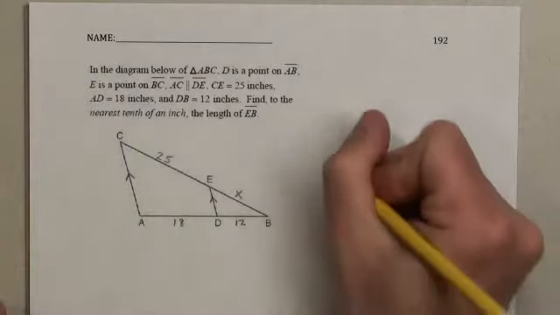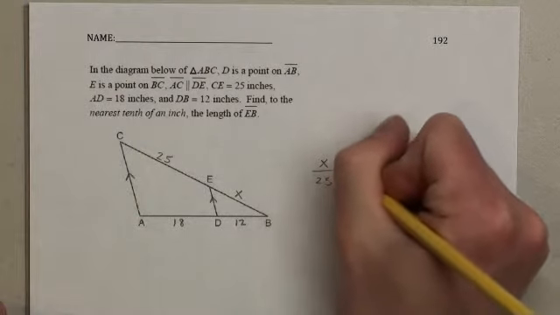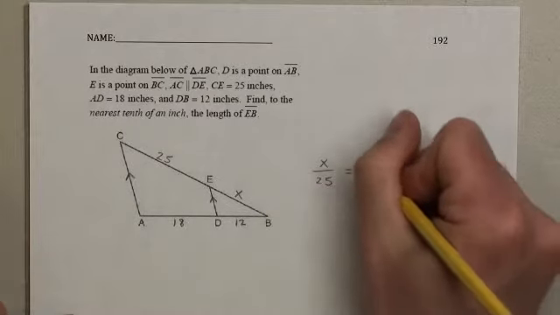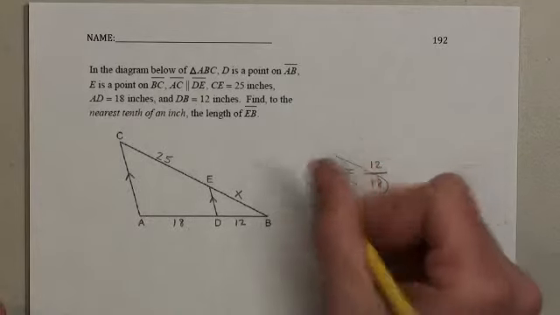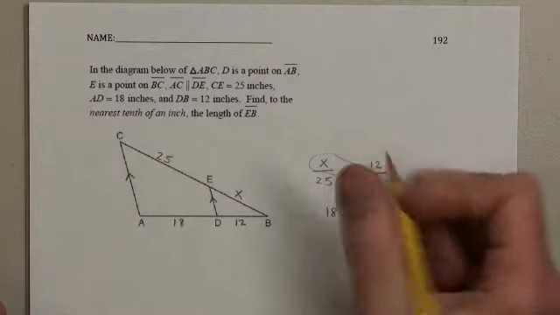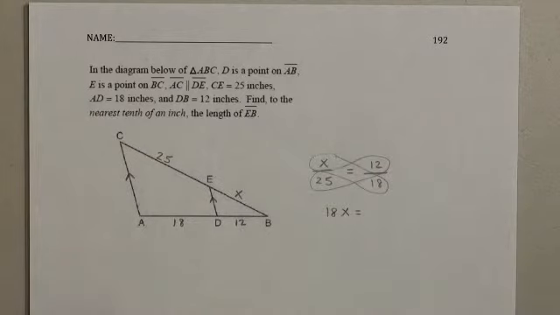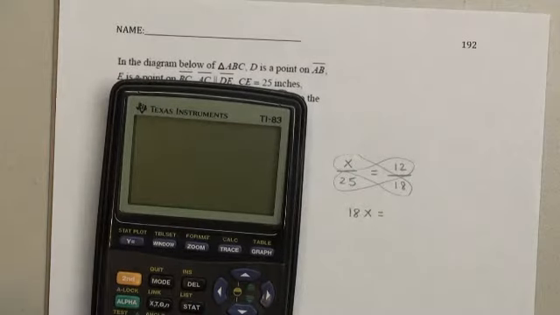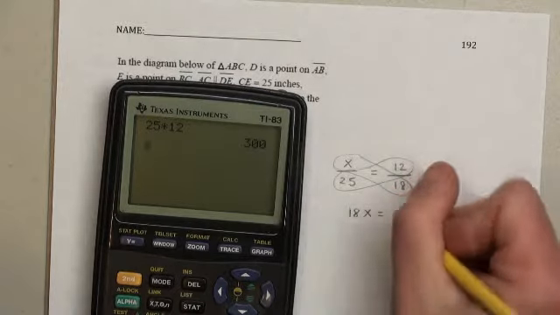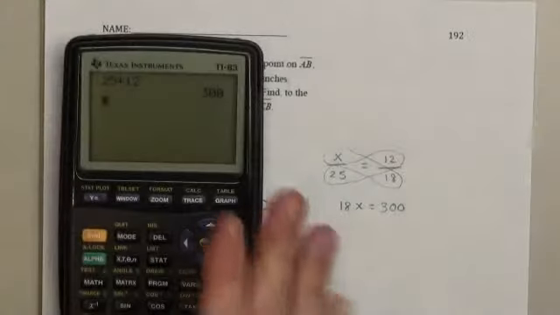Alright, so I'm going to do x over 25 equals 12 over 18. I'm going to multiply this way, so I'm going to have 18x equals, just grab my calculator, 25 times 12 is 300, and it wants it to the nearest tenth of an inch.